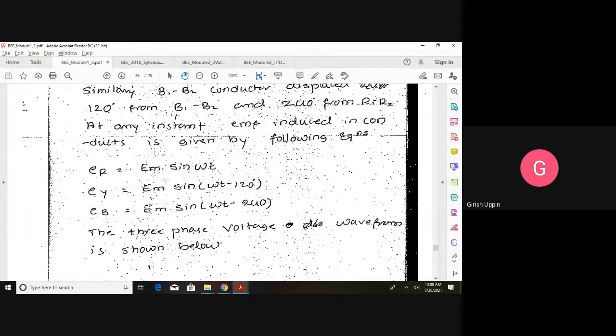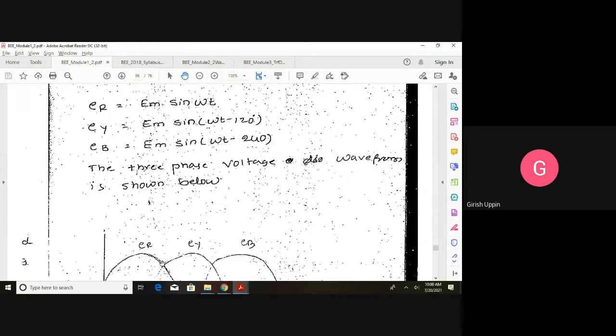That is how the EMF induced in each of these phases is exactly the same, and we call it a balanced supply, where the RMS value of the voltage generated in the R phase is equal to the RMS value of the voltage generated in the Y phase, equal to the RMS value of the voltage generated in the B phase. So if ER, EY and EB are equal, then it is called a balanced supply.